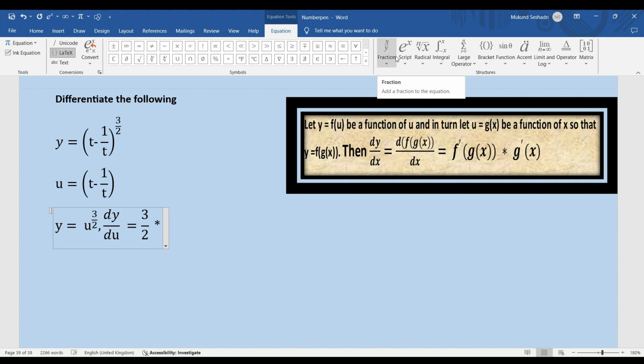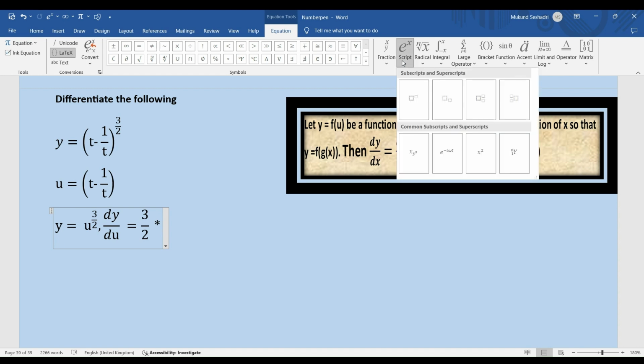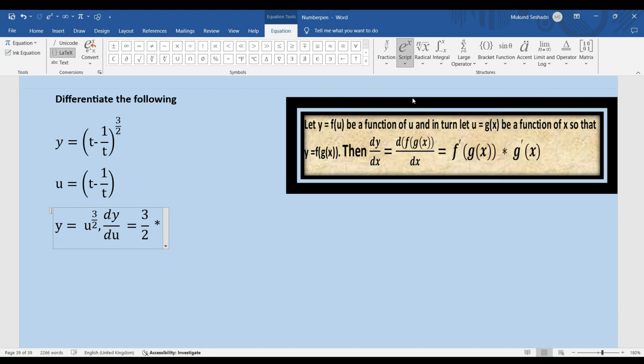I apply the formula d by dx of x to the power n equals n x to the power n minus 1, right? So my dy by du becomes 3 by 2 times u to the power 3 by 2 minus 1, which is nothing but 3 by 2 into u to the power half, right?